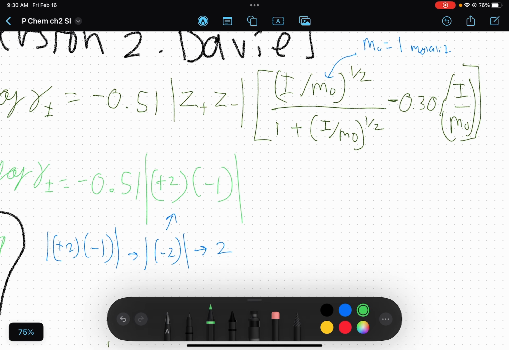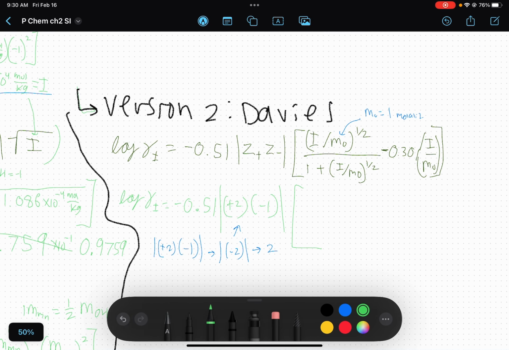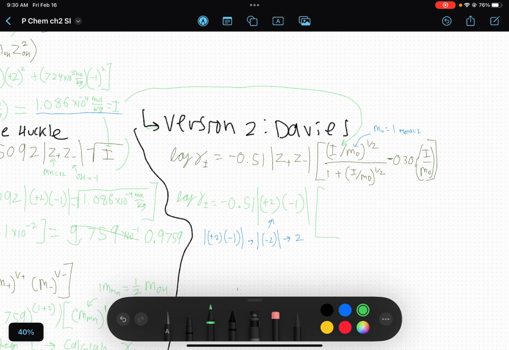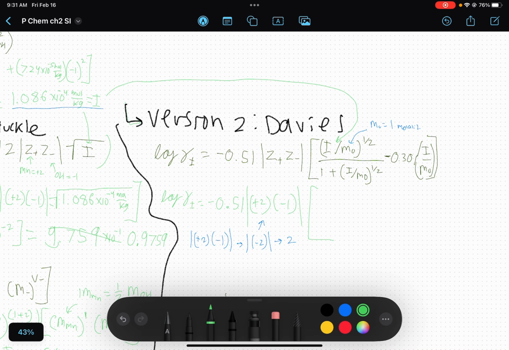Anyway, back to this. We have our I that we calculated over here. Let me make sure I can see it. I is equal to 1.086 times 10 to the negative 4.